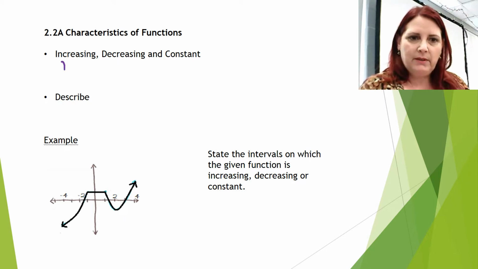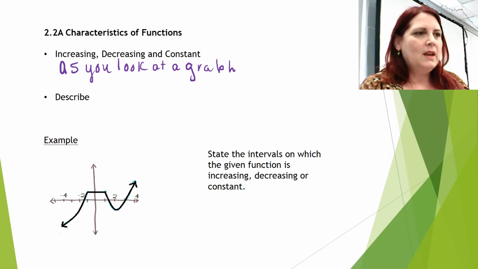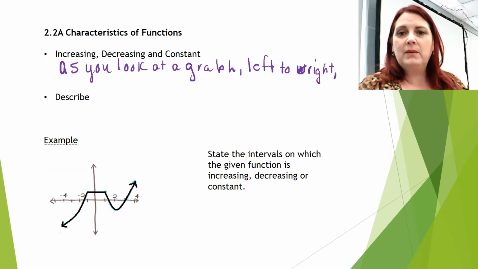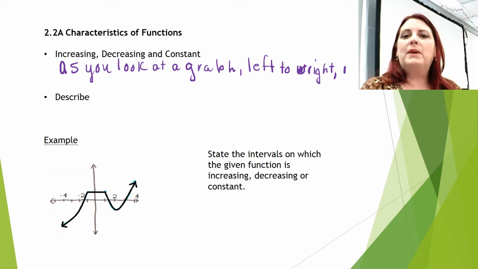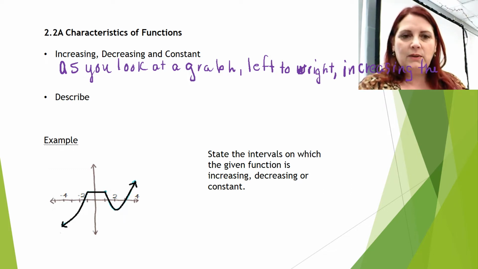As you look at a graph, we're going to read it from left to right, just like how we do when we're reading. That means we're increasing our x values.